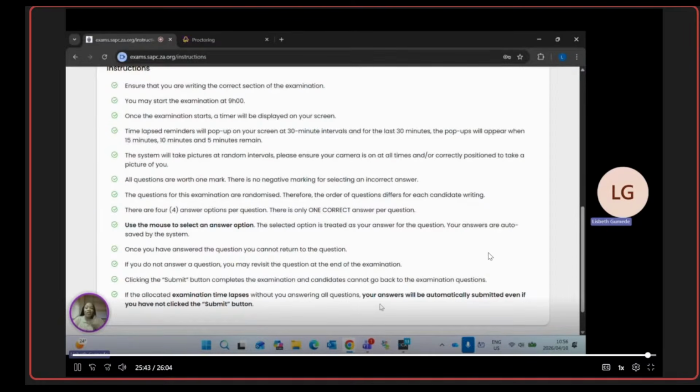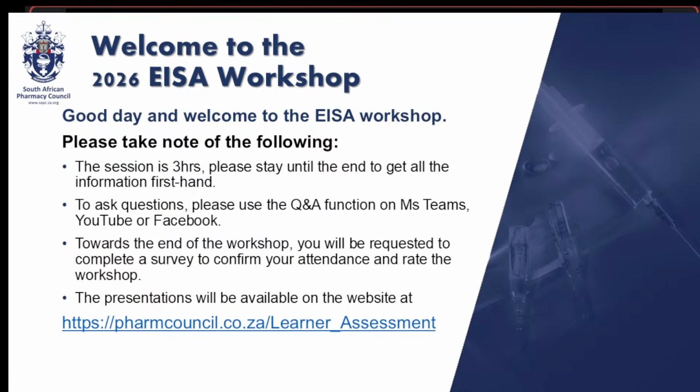Please go and have a look at what they are looking at to decide if it's something that they can look at or something that they shouldn't be looking at. Right? So this is just how the examination is going to be on the day and how you are going to be invigilated. We will now go back to the session for you to have any questions that you might have answered. Thank you.